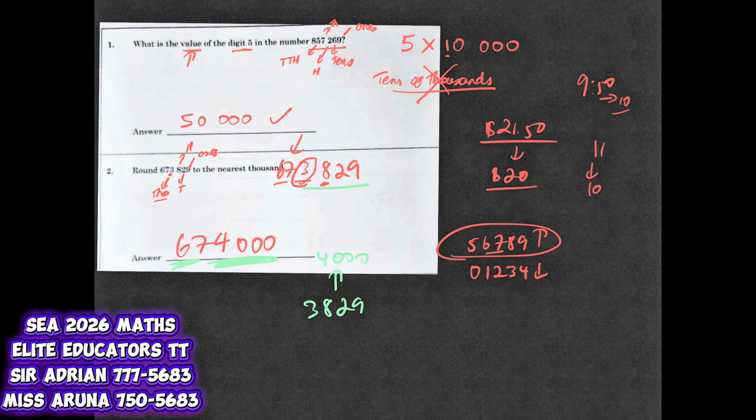Or is it actually closer to 3,000? And this is why we use these rules. If it was 3,100, it would be closer to 3,000. So therefore, we would round downwards. If it was 3,200, we would round downwards. But again, if it's 3,800, which is closer to 4,000, that's why we round upwards.